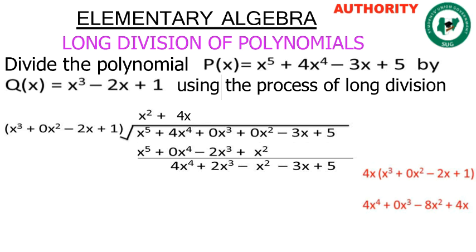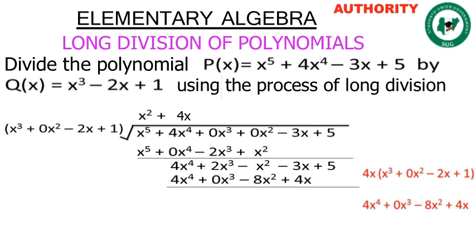Now we write these values we just obtained under our dividend again. It will look like this. We also perform subtraction. 4x raised to the power 4 minus 4x raised to the power 4 gives us 0.